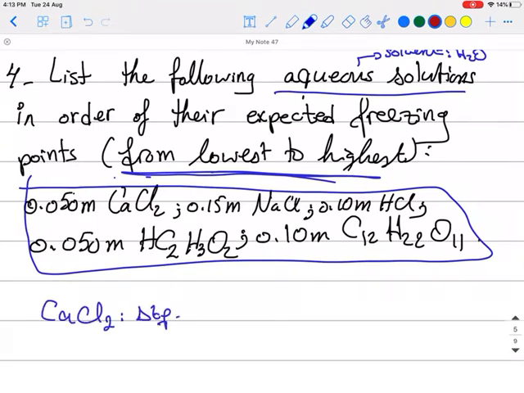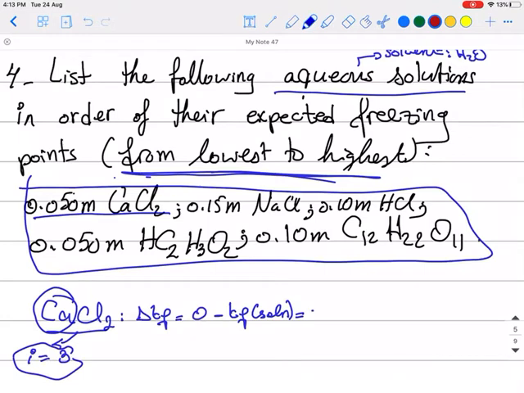Calcium chloride: delta T_f equals T_f of the solvent, 0, minus T_f of the solution. Calcium chloride is an ionic compound, and it gives 1 calcium ion and 2 chloride ions, so i equals 3.